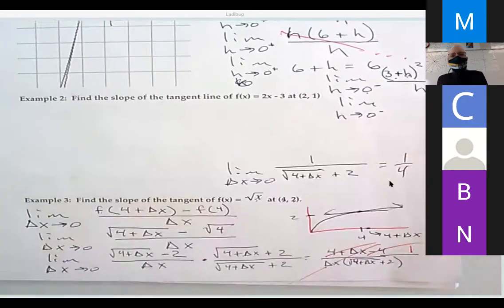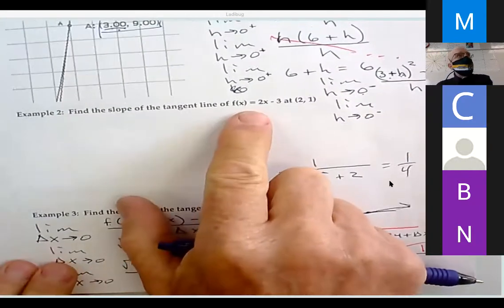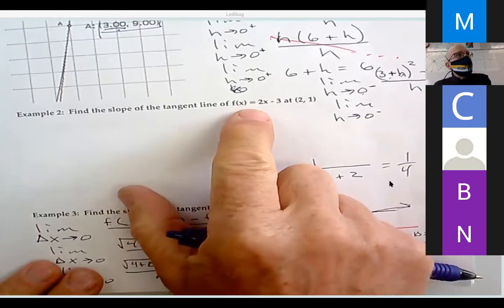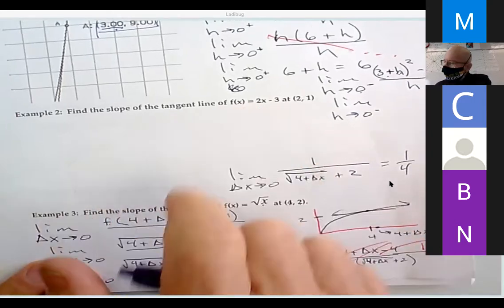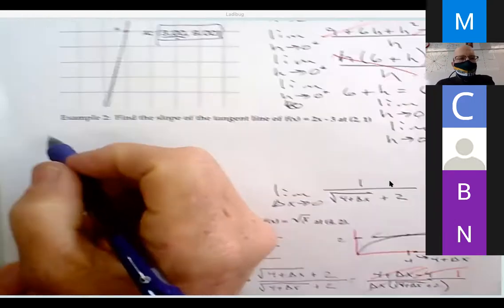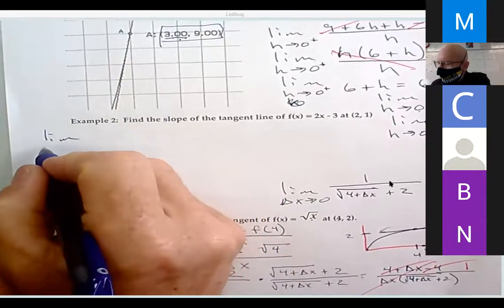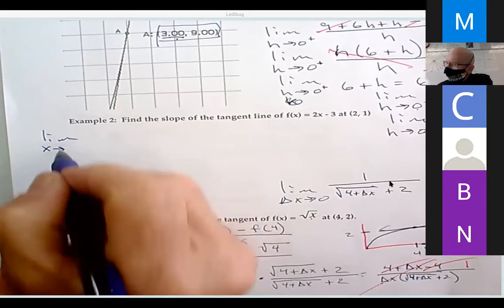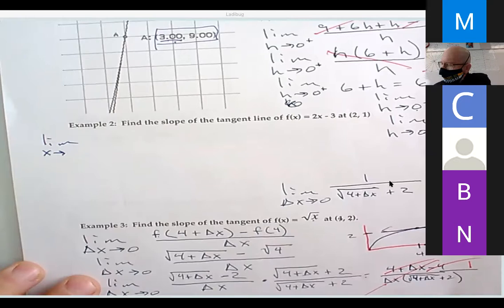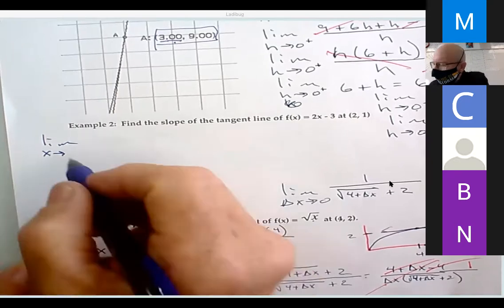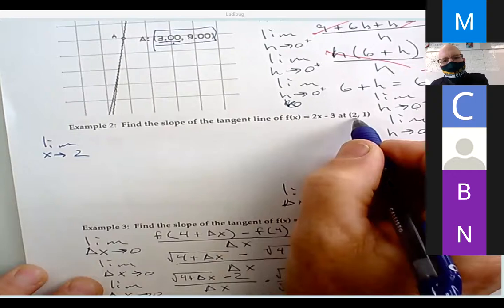No, we're gonna find the slope with this as our function, right? We skip this one. You ready? And you're gonna help me out, Morgan. Limit as x approaches what? 2? Perfect, because that's my x, correct?